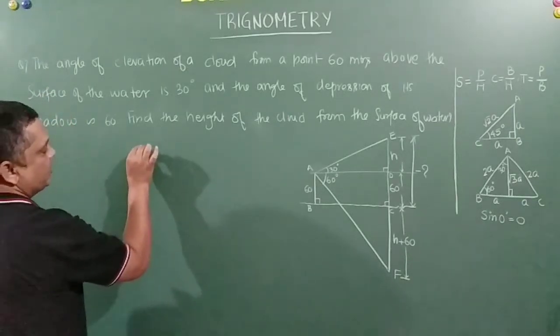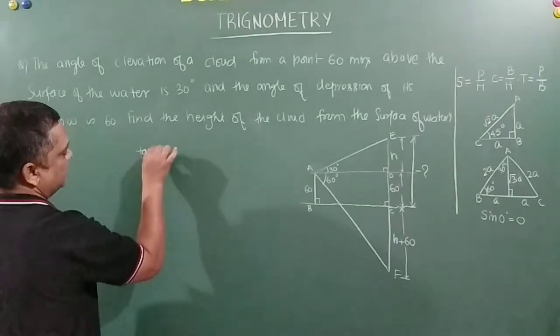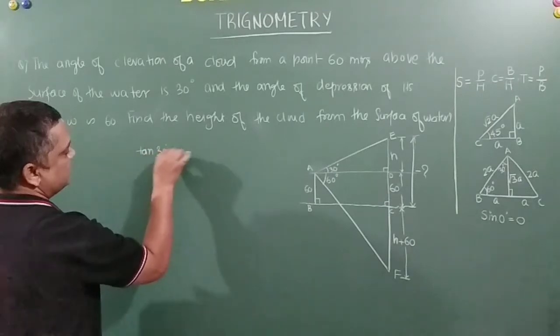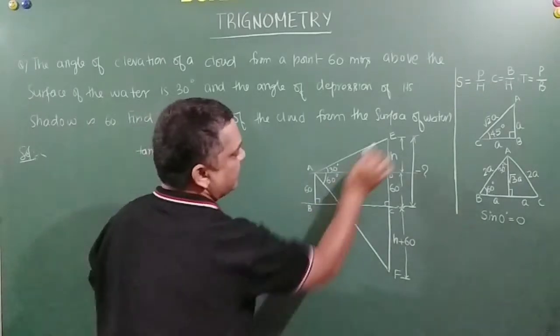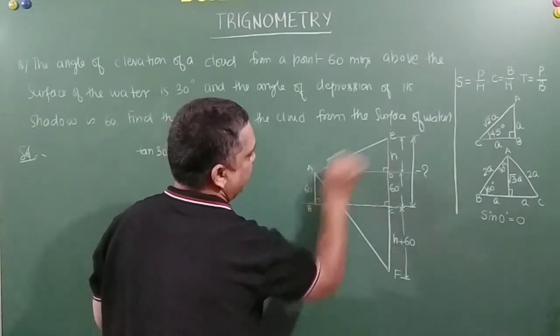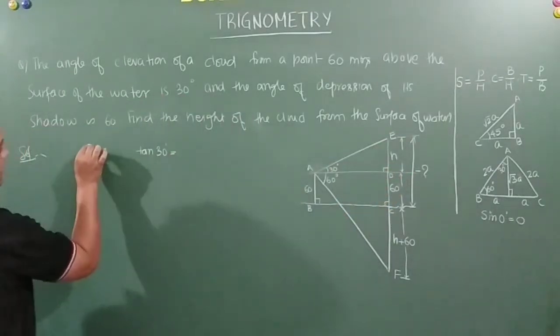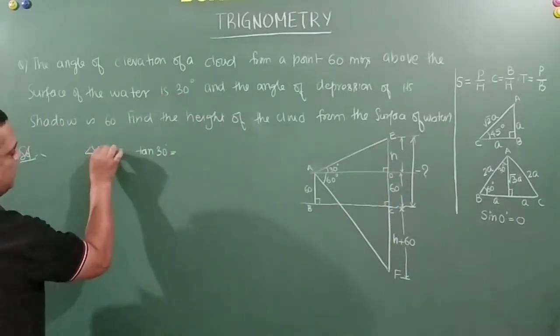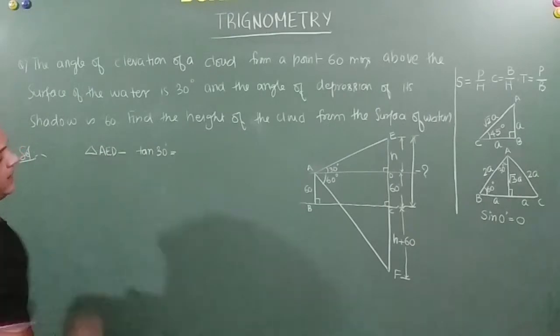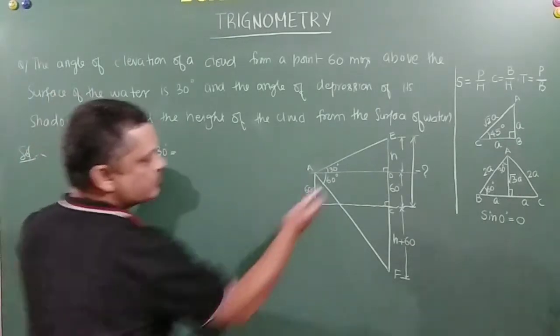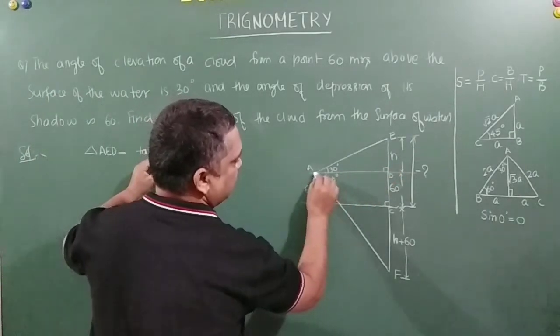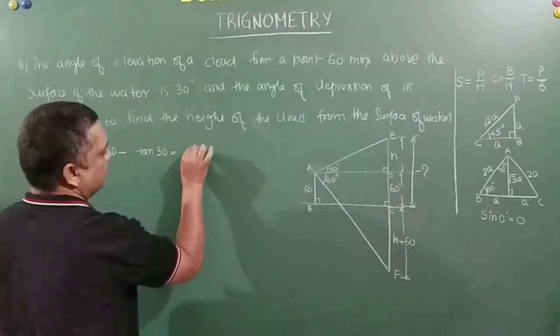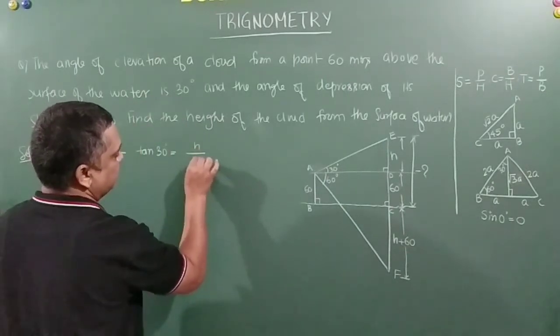Tan 30 will be how much, friends? I am considering triangle AED. Let me write it here. AED. Tan 30 will be perpendicular by base, so h by AD.